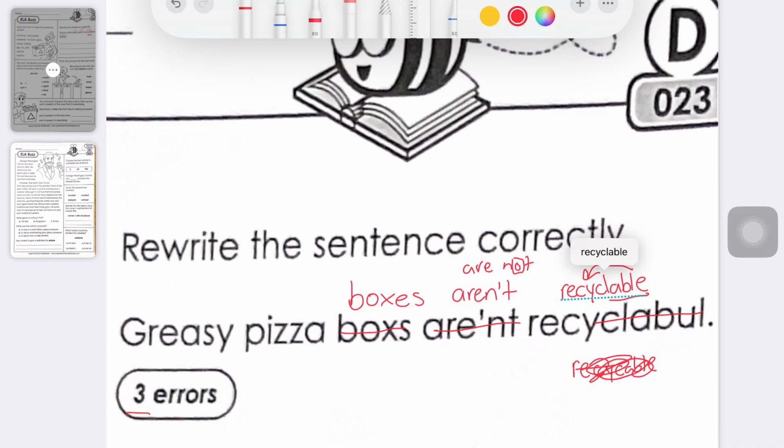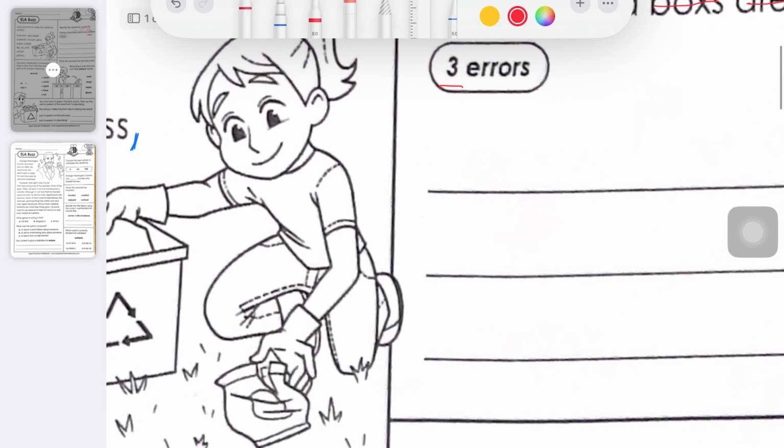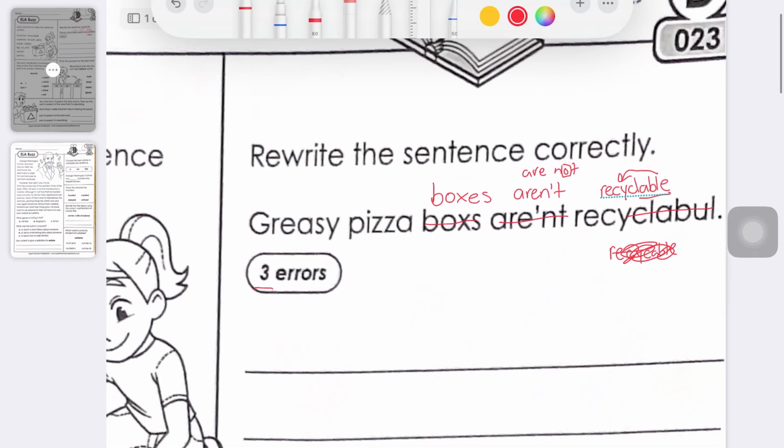See? Do you see how it pops up? Recyclable. So I did get it right. Okay, moving on. And then you just rewrite it. Greasy pizza boxes aren't recyclable. So greasy pizza boxes aren't recyclable.